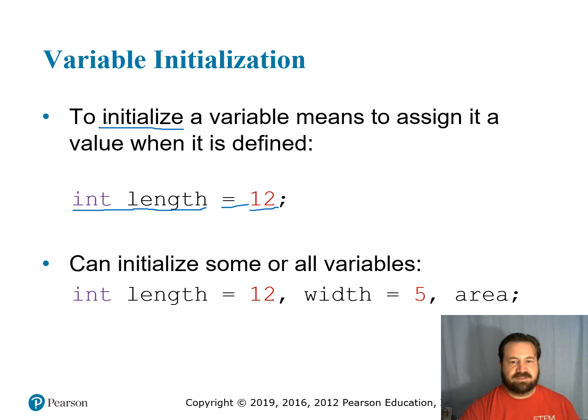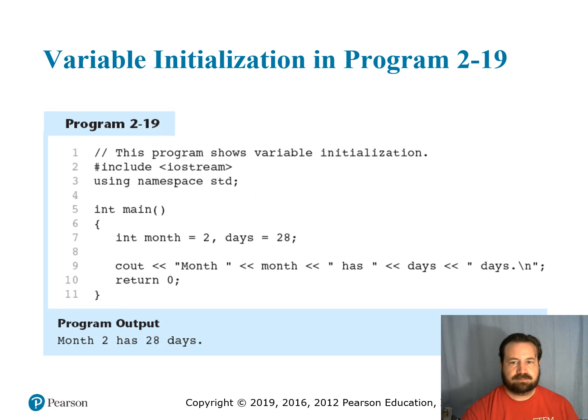You can initialize variables in a comma separated list like we've used to define multiple variables before, and you don't have to initialize all of them. In this case, they left area open. We could type area equals length times width right there and have it. That would be valid C++. Okay. This shows you a couple of initializations.